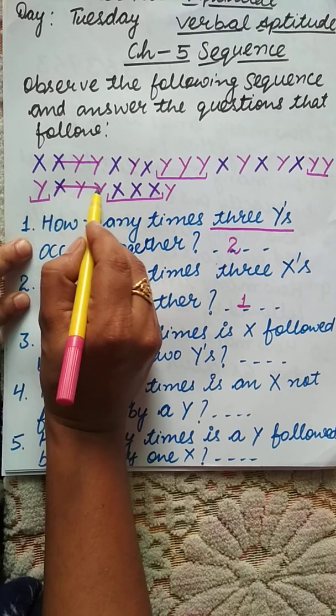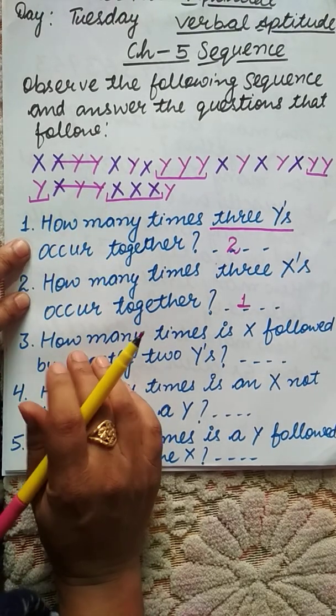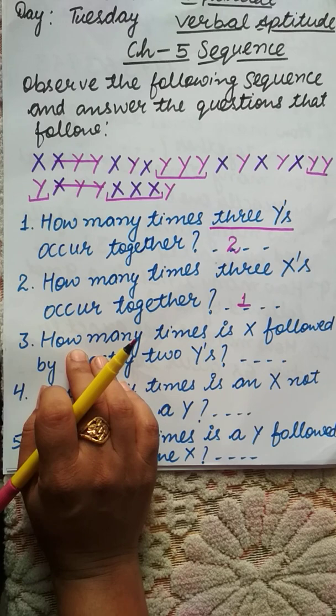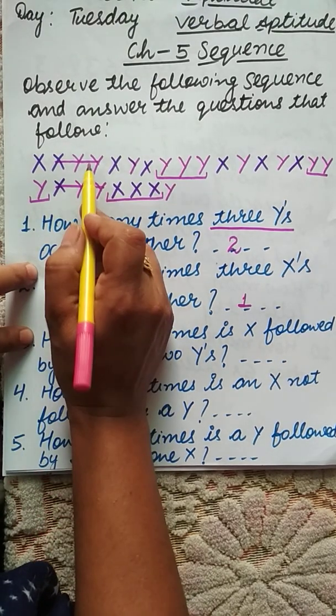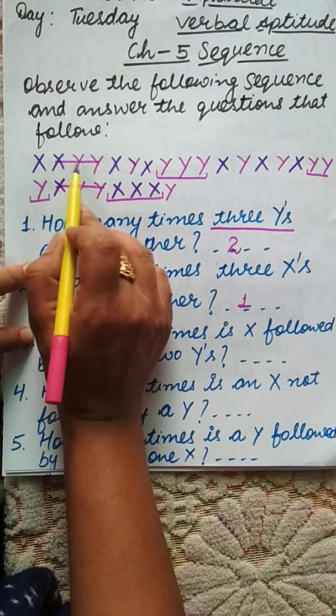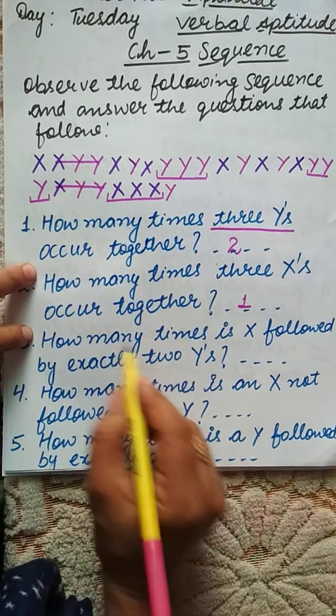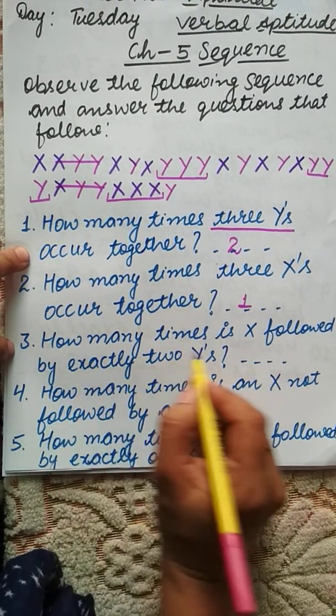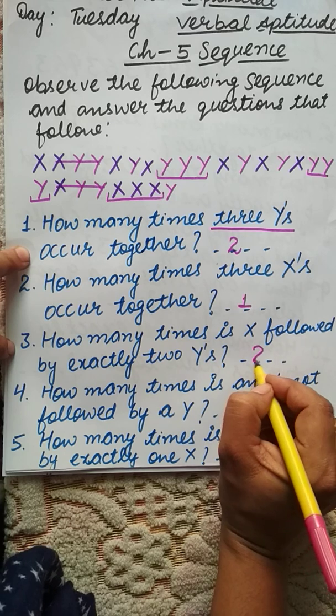So here we have two options where x is followed by 2 y's. So, for question number 3, the answer is 2.